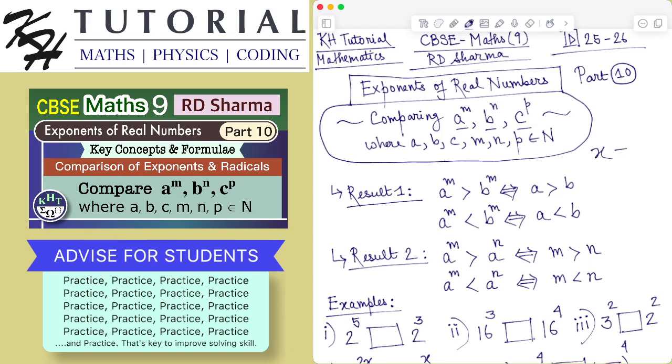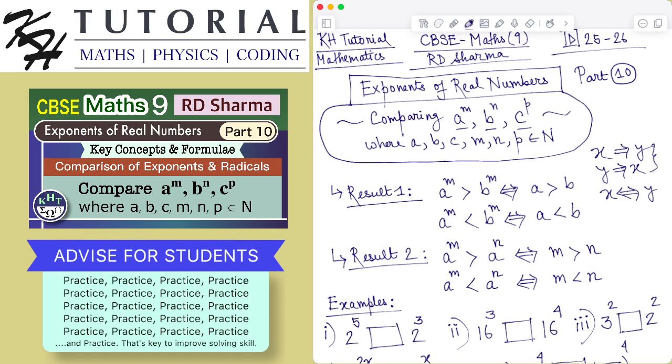X implies y means if x is true, then y will be true. And if y implies x, that is if y is true, then x is also true, then these two can be combined in a single implication, x double implication y. So if we have a to the power m greater than b to the power m, then it will imply a is greater than b.